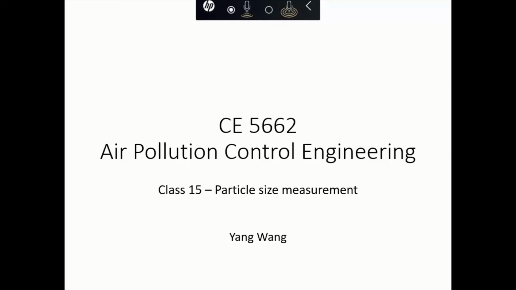The impactor is quite straightforward: we collect the particles on different stages, and then we measure the mass. We know the concentration at different size ranges.